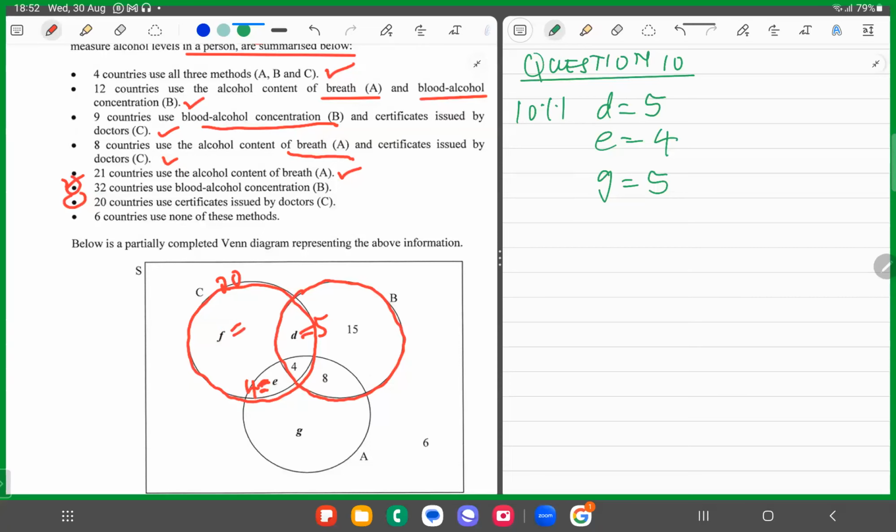Everything in C must be 20. So 4 plus 4, the E which is 4 and the other 4, is 8. And then 8 plus 5 is 13. So F can only be 7. So F is 7.